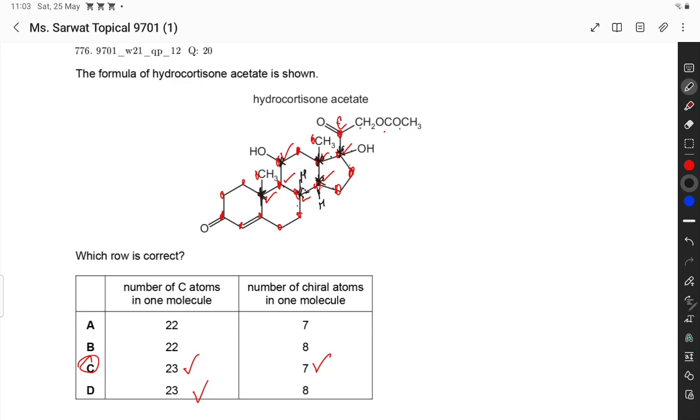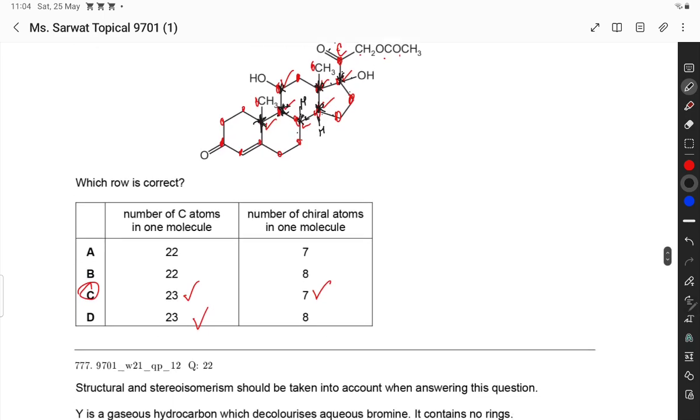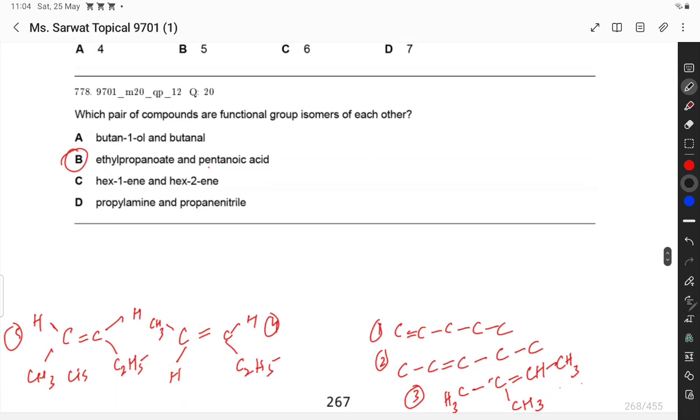So total chiral carbon atoms are 7. 1, 2, 3, 4. So this is not chiral. This is chiral, this is chiral, and this is chiral. 1, 2, 3, 4, 5, 6, and 7. So 7 is the number of chiral carbon atoms, and the carbon count is 23.